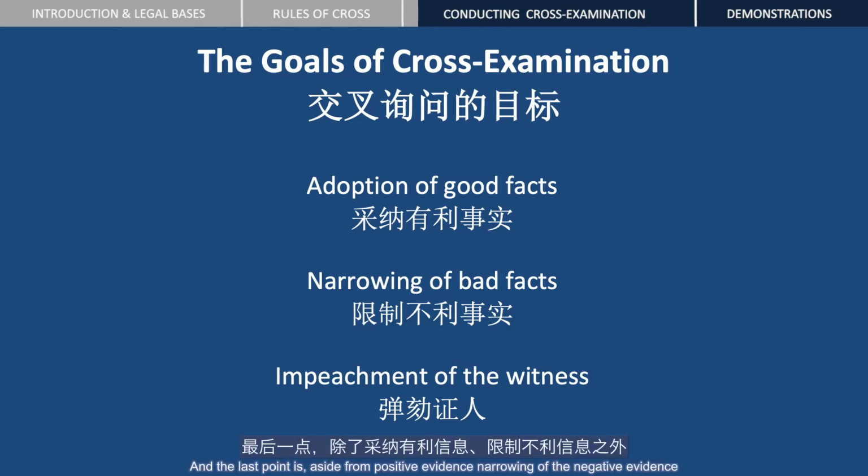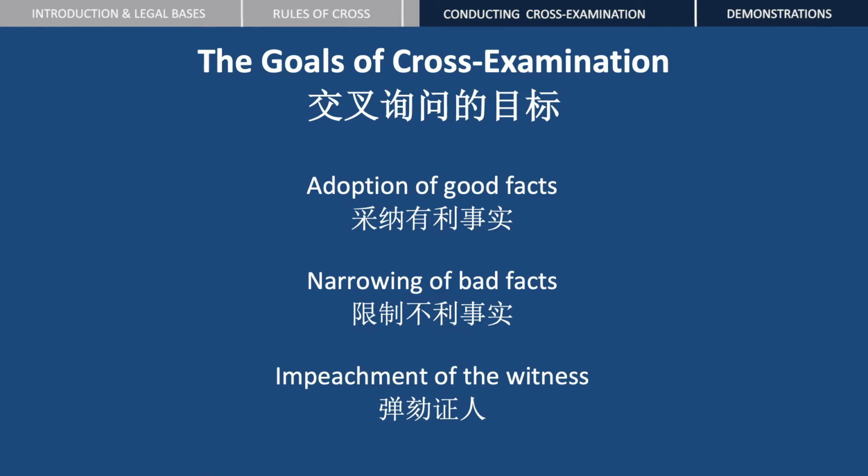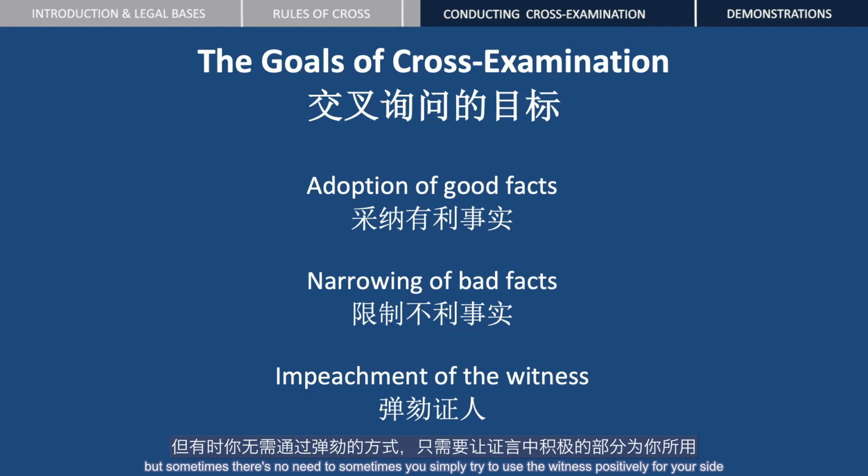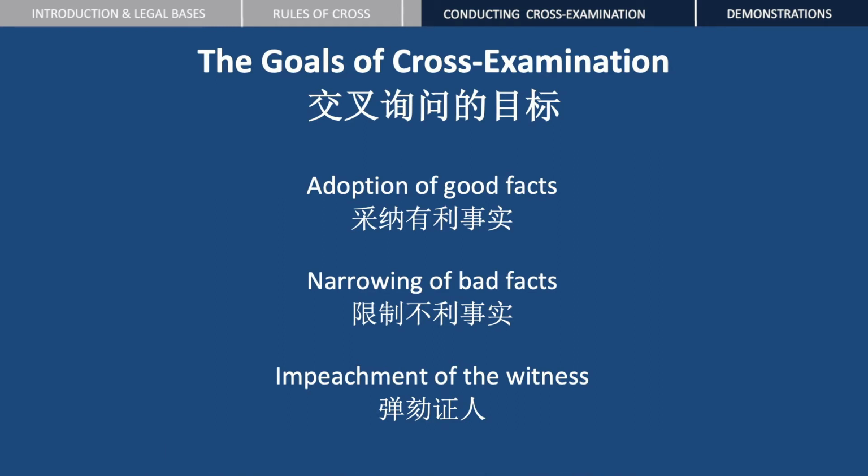And the last point, aside from positive evidence and narrowing of the negative evidence, is straight impeachment, where you want to challenge the credibility of the witness. As a defense lawyer, often you're challenging credibility, but sometimes there's no need. Sometimes you simply try to use the witness positively for your side or contain the negative information they had. But those are the basic goals.